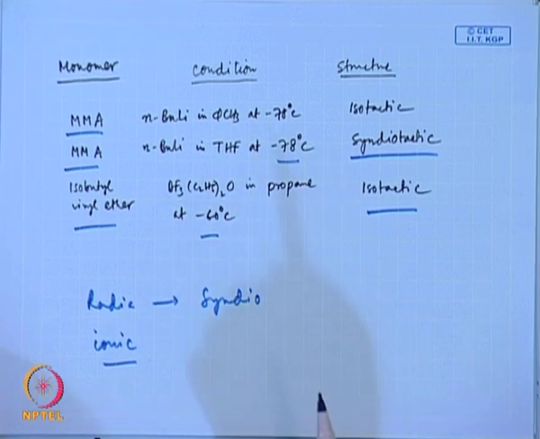And if we do the reaction in conditions so that the counter ion is strongly bound with the active chain end, for example in a non-polar medium at lower temperature and with a small counter ion, then there will be a possibility of a strong coordination between the monomer, the active chain end and the counter ion, which will make sure that the incoming monomer gets into the chain from one side, which will produce isotactic polymers.